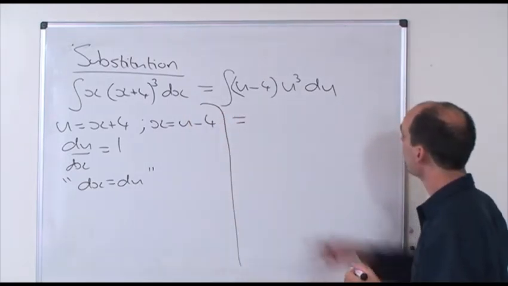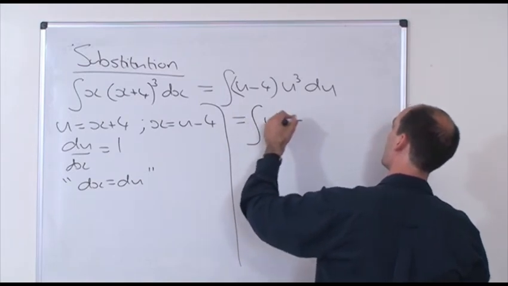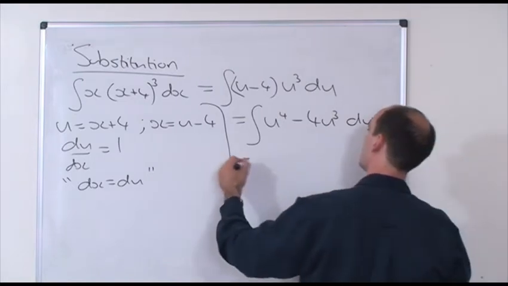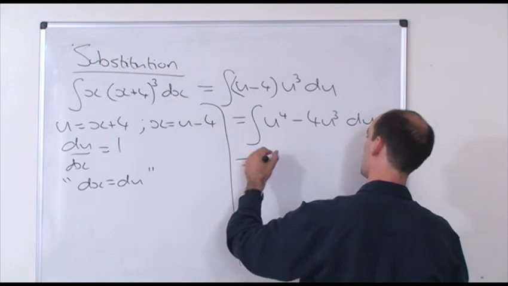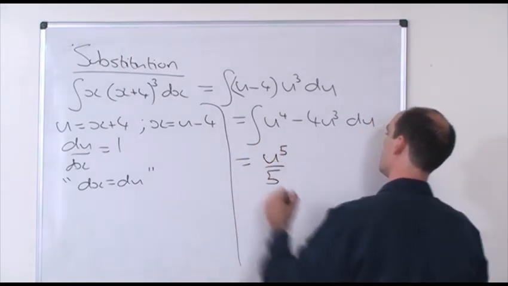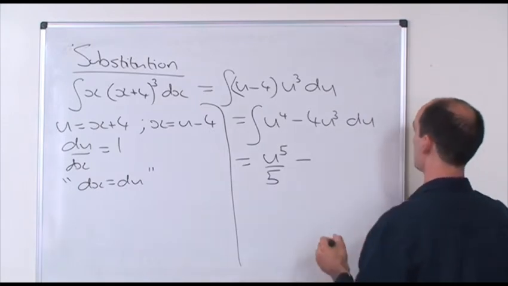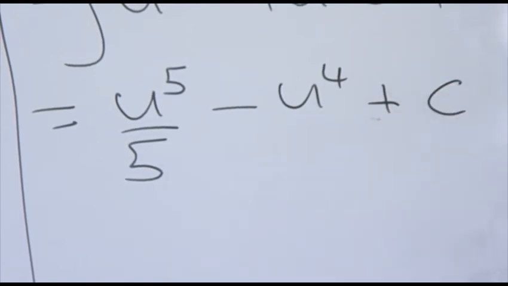And I can multiply this out. So I end up with the integral of u to the power 4 minus 4u cubed with respect to u. Oh, that's easy now to do, that integral. So I can integrate u to the power 4. That gives me u to the power 5 over 5, minus the integral of 4 times u to the power 3, which is u to the power 4, plus our integration constant.